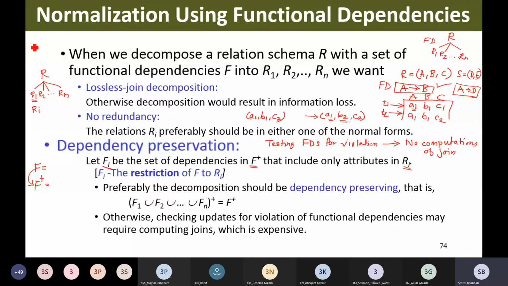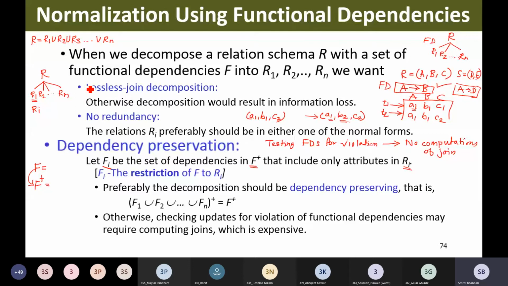So we know that R is given as R1 union R2 union R3 up to union Rn. Whichever are the attributes of the original relation R, those attributes are being distributed in these n relations. Do you agree with me?